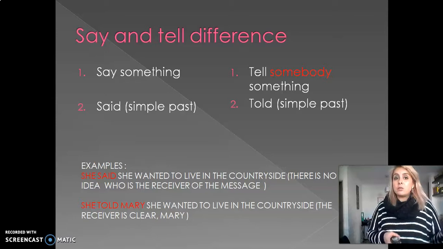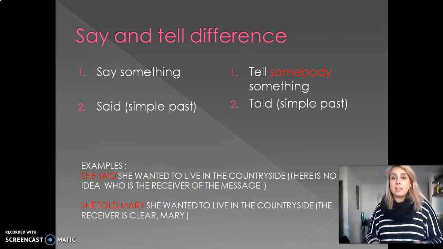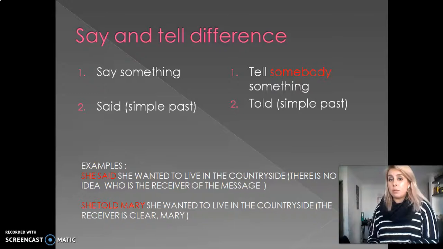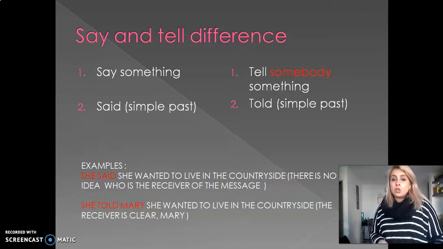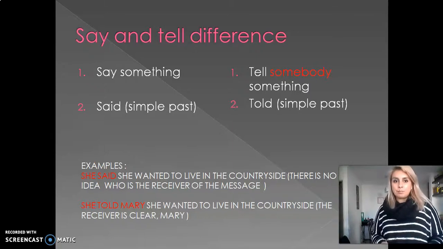Say is to say something to whatever person, and tell, we tell somebody a specific something, okay? She said she wanted to live in the countryside, and there is no idea who is the receiver of the message. And the other example says she told Mary she wanted to live in the countryside. The receiver here is very clear, it's Mary.